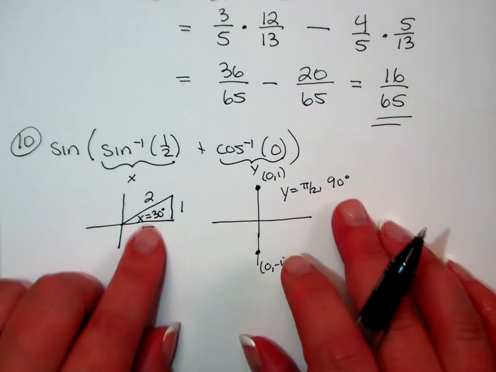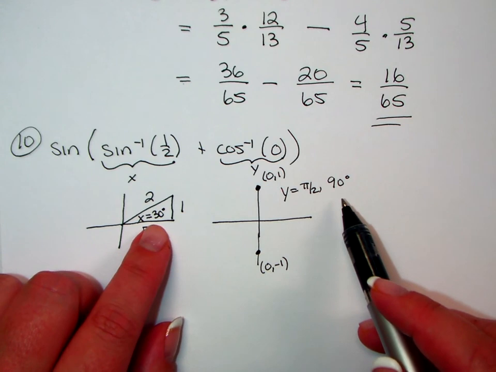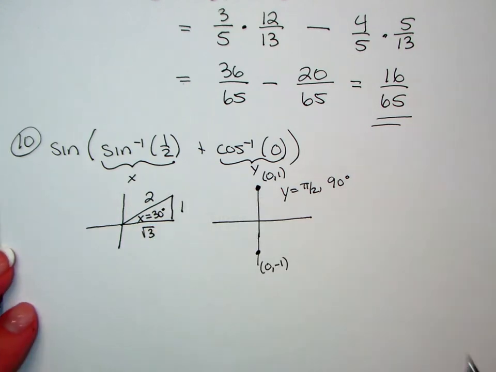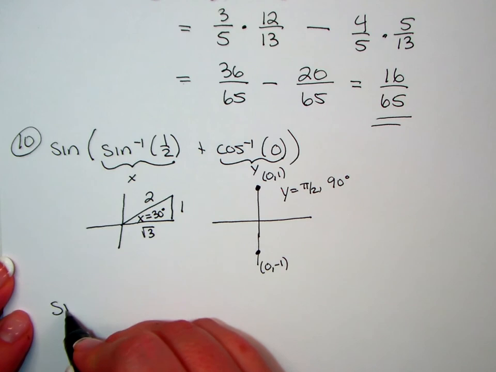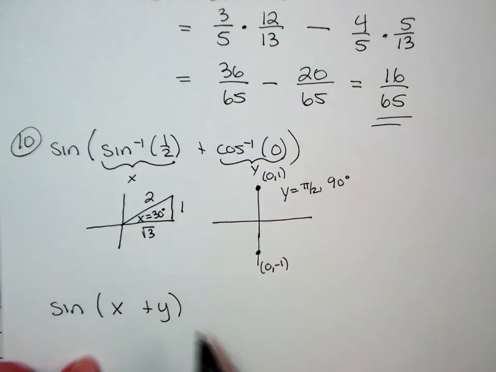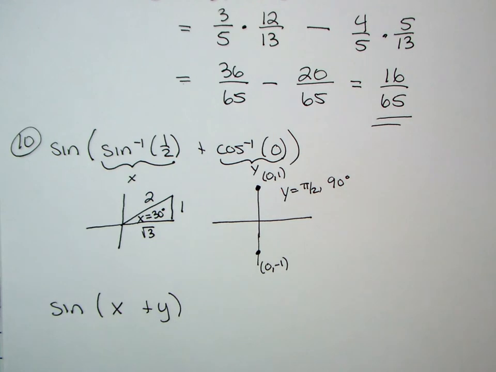Now, I could just change this to 30 and this to 90 and then add them together and do the sine there, but I'm going to use the formula because I love the formula. So this is sine of angle x plus angle y, even though we know x is 30 and y is 90. I'm going to keep them as x's and y's.